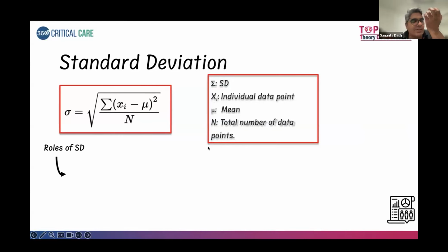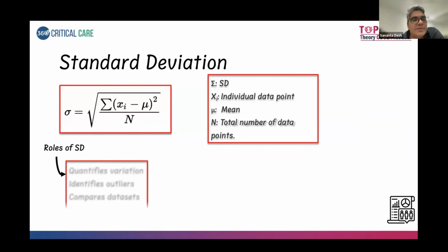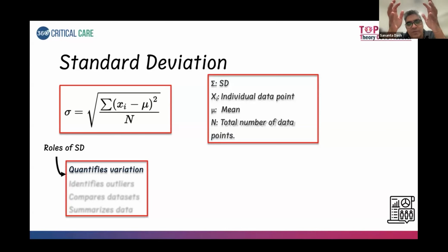Now, what is the role of standard deviation? Why do we need to calculate the standard deviation? First of all, it quantifies the variation. Suppose, in the previous example, the weight varied from 45 to 90 kilo or 110 kilo, so there's a very varied quantitative distribution of the weight.